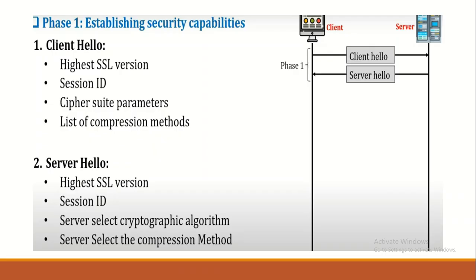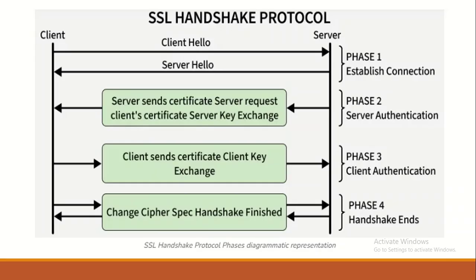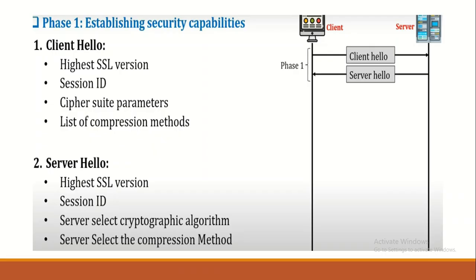In the SSL handshake protocol, it is like two users who meet for the first time and say hello, hi, hello. Likewise, the server and client also exchange hello messages. What happens in this phase is that the client states the highest SSL version it supports.